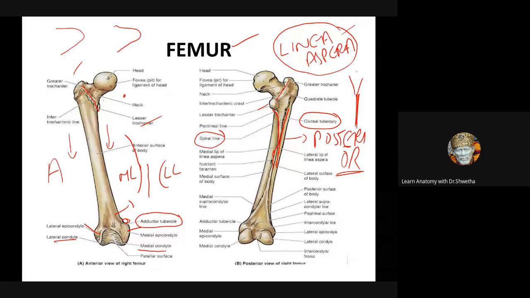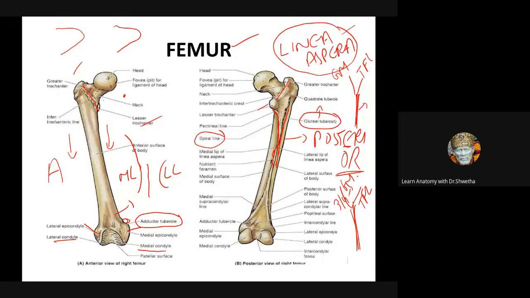You remember tensor fascia lata? And one more muscle. Can you tell me now? Gluteus maximus. Okay, to the iliotibial tract, two muscles were attached: tensor fascia lata and the gluteus maximus. Three-fourths of the gluteus maximus was attached to the iliotibial tract. The remaining one-fourth will be attached to the gluteal tuberosity.